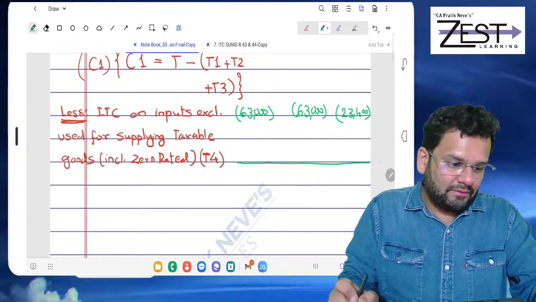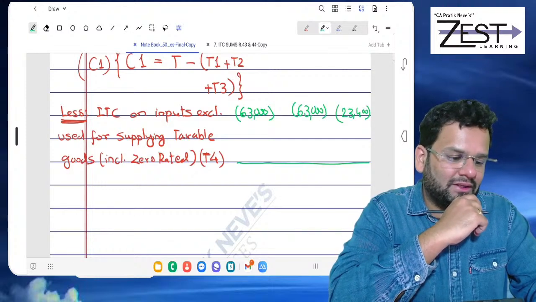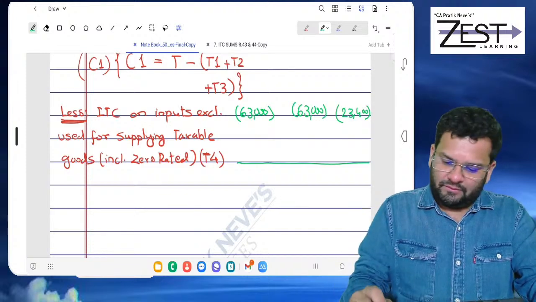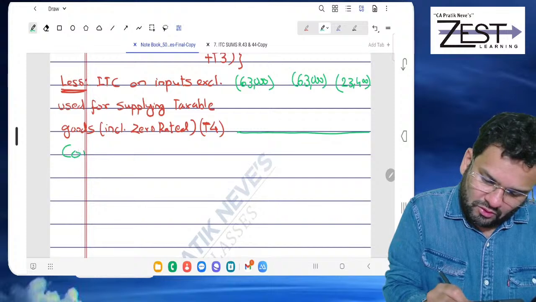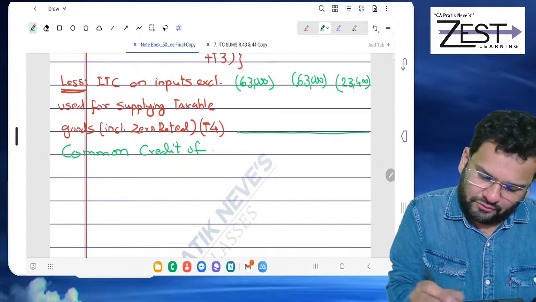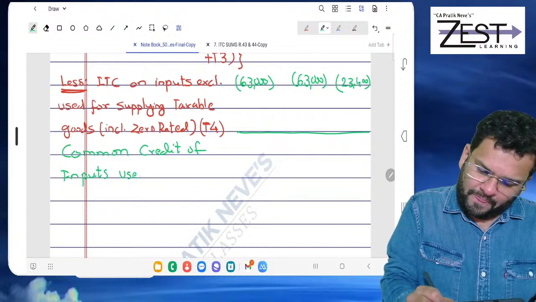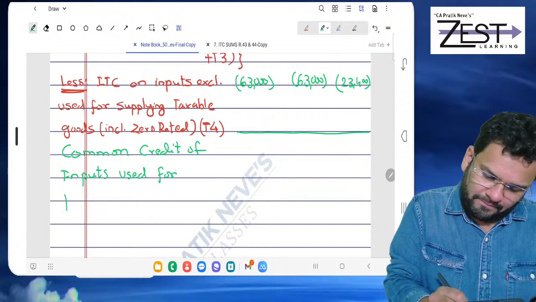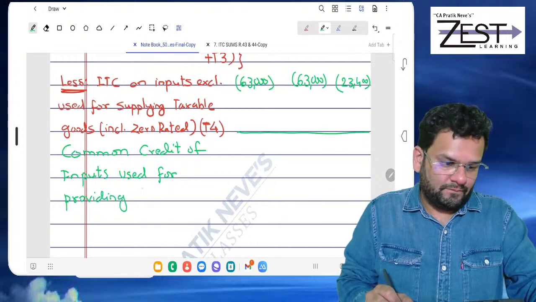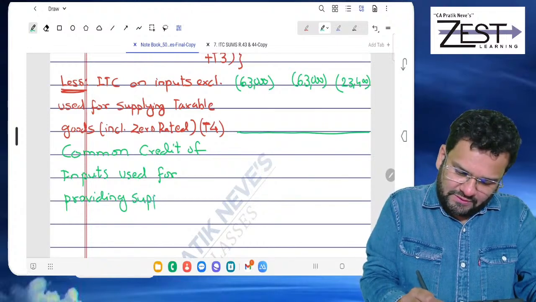Now when you minus that, you are going to get common credit of inputs used for providing supplies, various supplies.